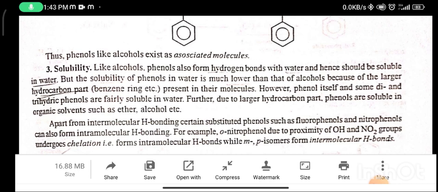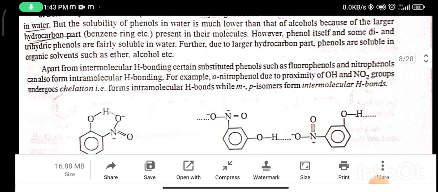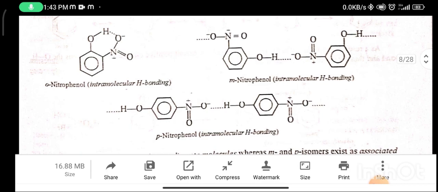Apart from intermolecular hydrogen bonding, certain substituted phenols such as fluorophenols and nitrophenols can also form intramolecular hydrogen bonds. For example, ortho-nitrophenol, due to the proximity of the OH and NO2 groups under chelation, forms an intramolecular hydrogen bond, while meta and para isomers form intermolecular hydrogen bonds.